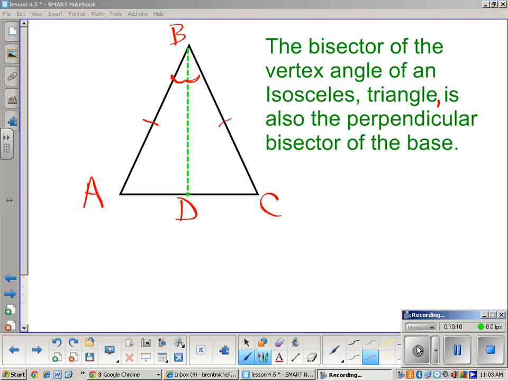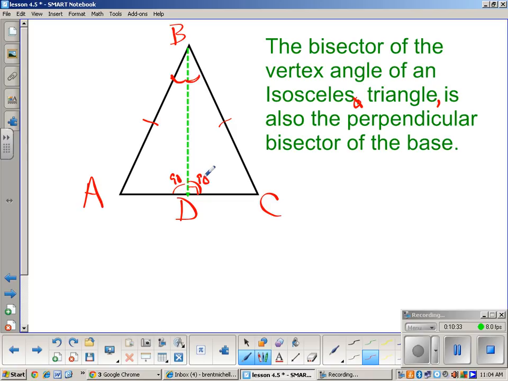The bisector of the vertex angle of an isosceles triangle, and you're right, my comma was misplaced, is also the perpendicular bisector of the base. Well, this symbol here means perpendicular. It means that both of these angles are 90 degrees.